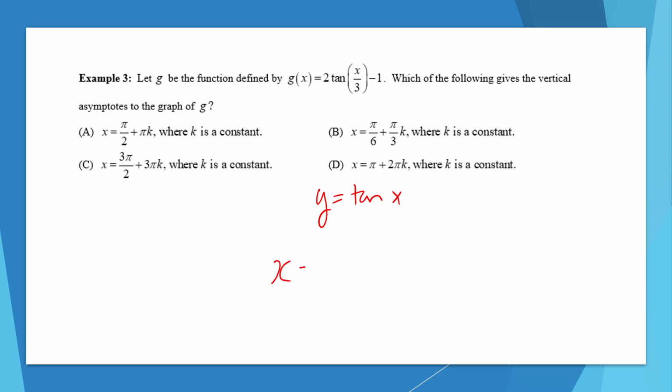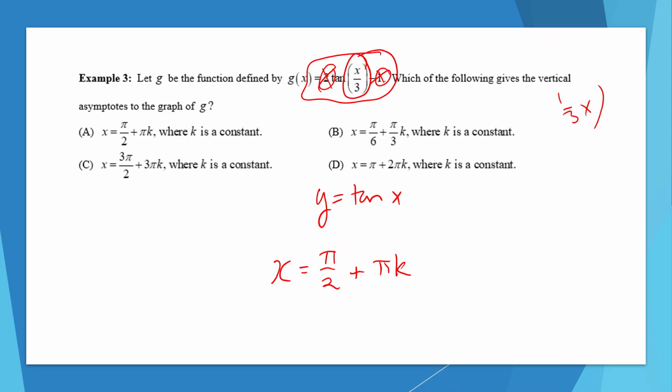Well, I know that's at pi over 2 plus pi k. And now I want to see how this changes in terms of its period. The a value and the d value really don't affect the vertical asymptotes, which are based on your x values. And so the only thing that's going to be affected is that 1/3 x on the inside of the parentheses.